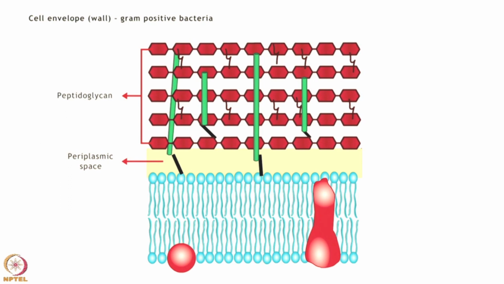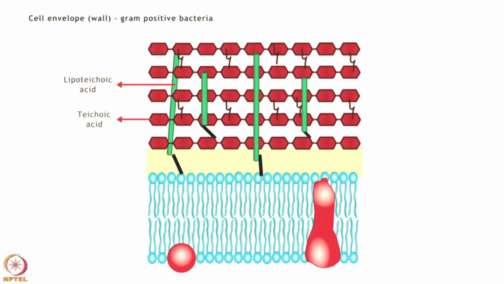In addition, the cell wall usually contains teichoic acid, which is covalently connected to either peptidoglycans itself or to plasma membrane lipids. The plasma membrane is composed of a bilayer sheet of phospholipid molecules with their polar heads on the surface and their fatty acyl chains forming the interior.